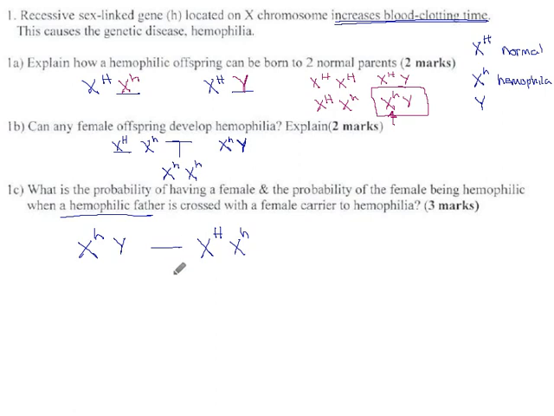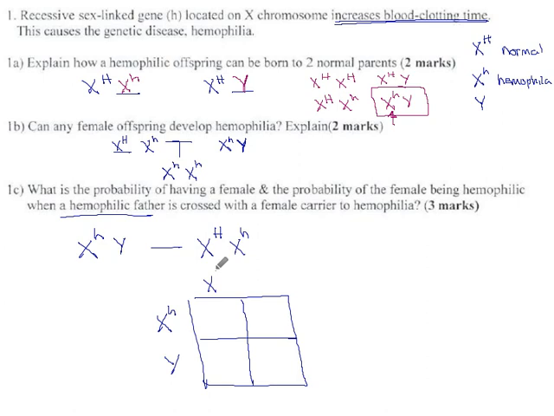And what kind of kids can they have? It's only one trait, so it's a 2 by 2 Punnett square. Dad will contribute either X little h or Y. Mom will contribute X big H or X little h. So the kids could be, it's a girl because two X's, and she's a carrier because she has the recessive.